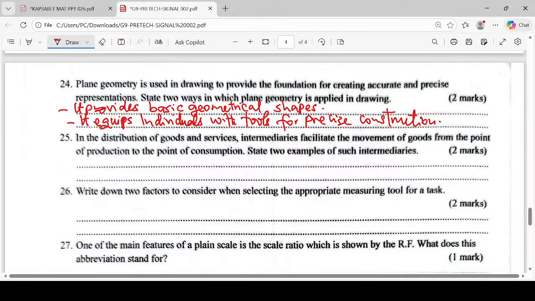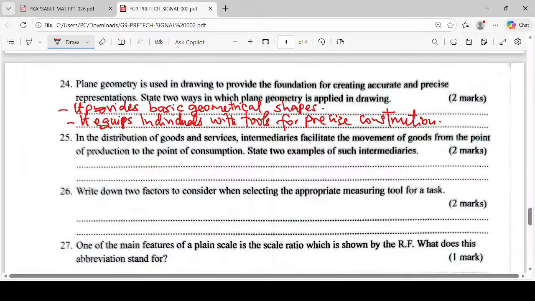Let's look at question number 25. In the distribution of goods and services, intermediaries facilitate the movement of goods from the point of production to the point of consumption. State two examples of such intermediaries.